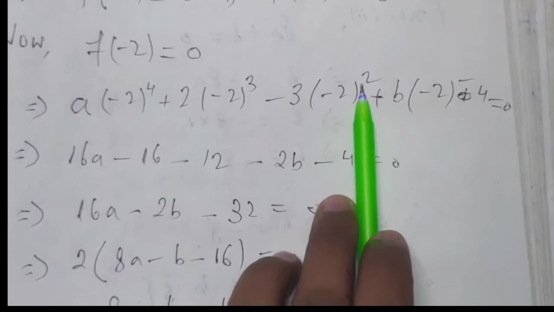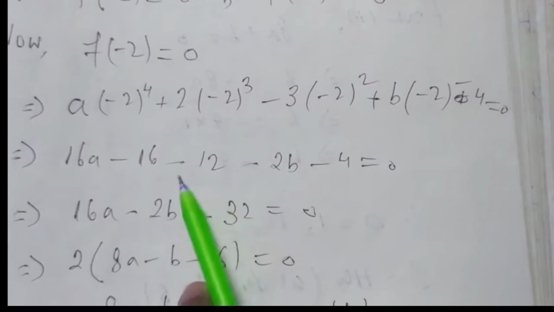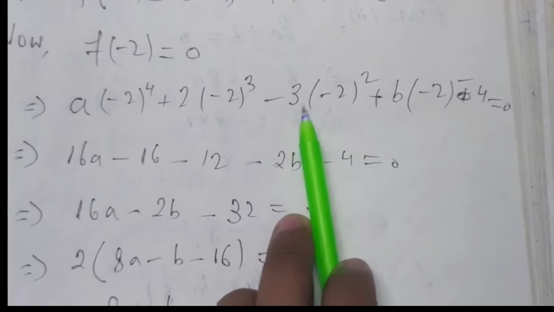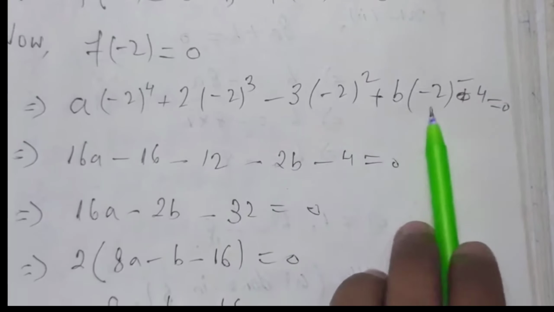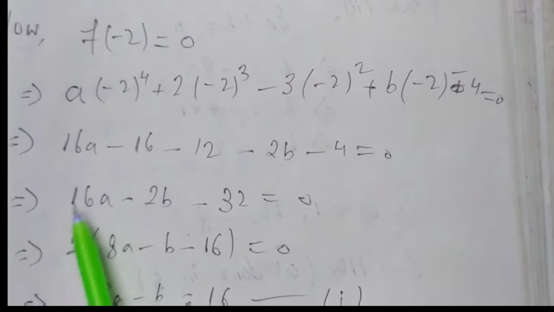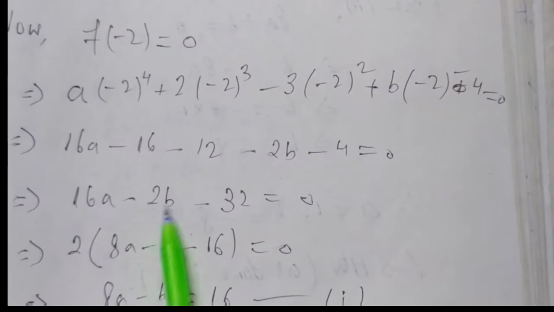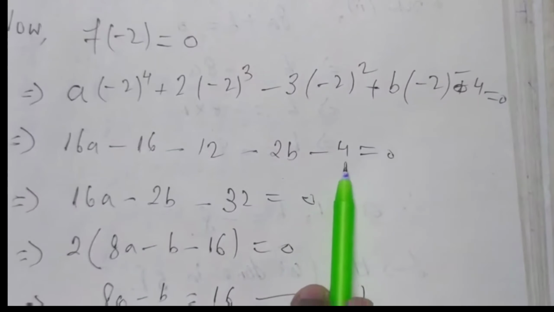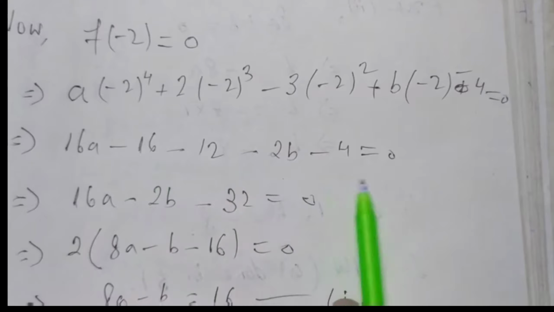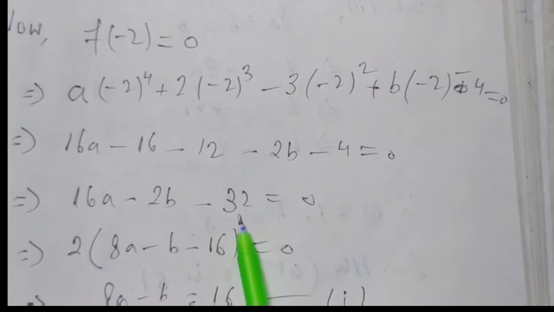Minus square is plus, and plus times minus is minus, it will be 4, which if you multiply with 3 will be 12, minus this will be 2b, and this is minus 4. Now by simplifying we have 16a minus 2b minus 32, as we have the numbers minus 4 minus 16 minus 12. If we add all this, we get minus 32.